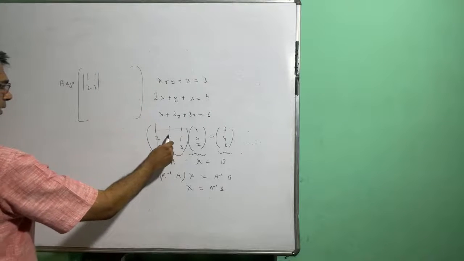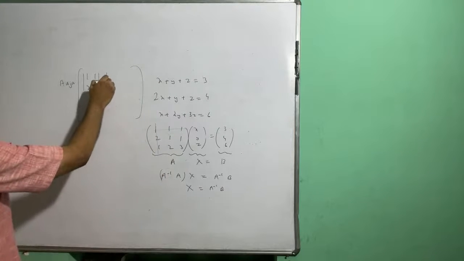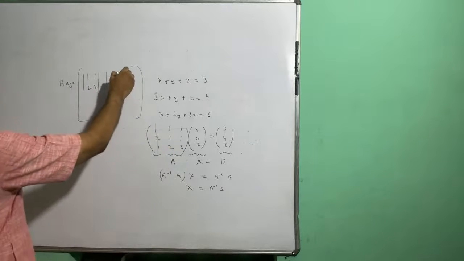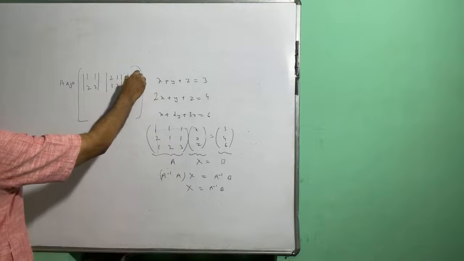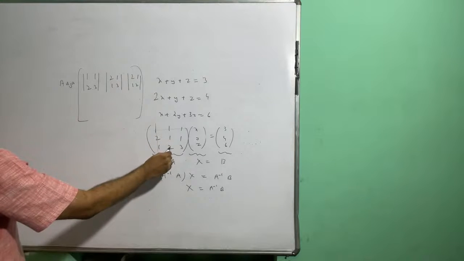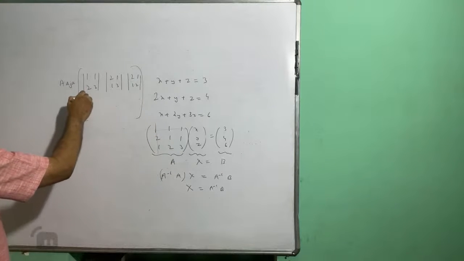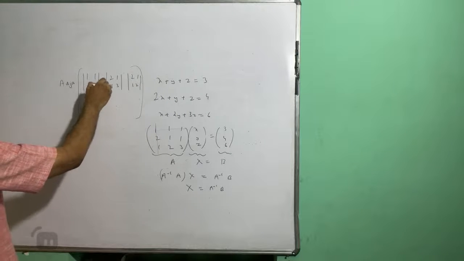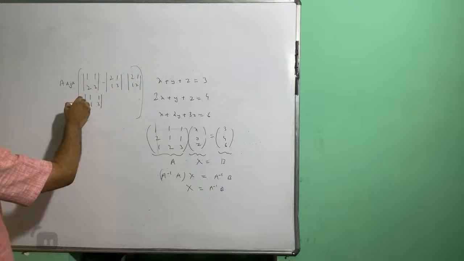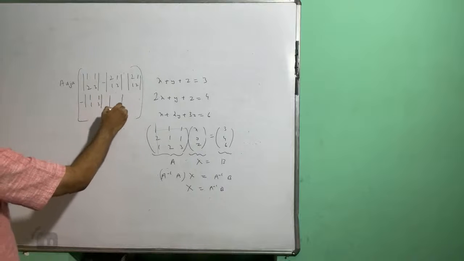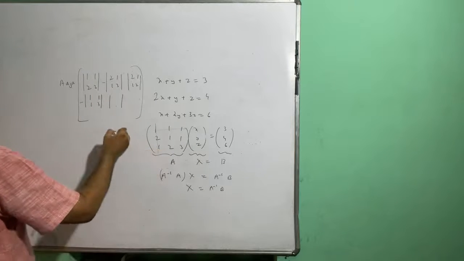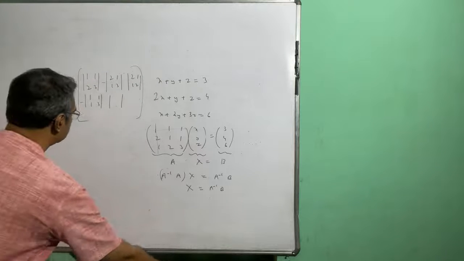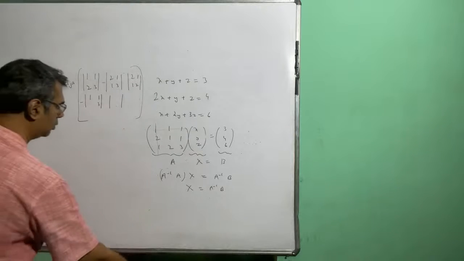Then you suppress first row, second column, and take the determinant. Then first row, third column, and so on. Then you suppress this and this. This will be 1, 1, 2, 3.